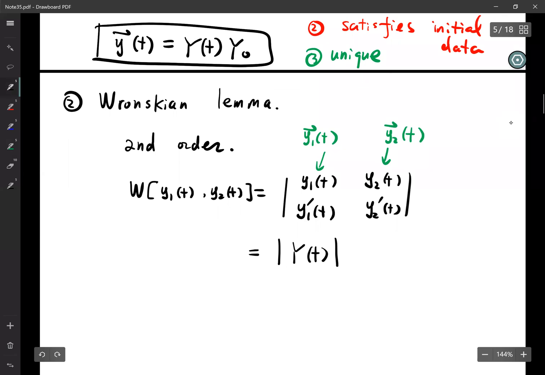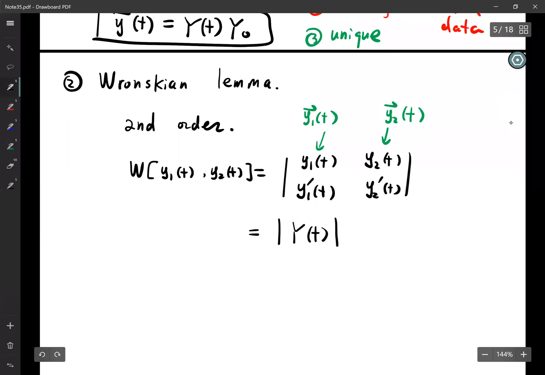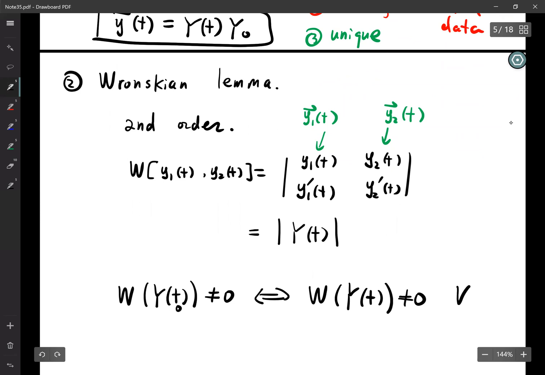The Wronski lemma says that W, now denoted by the determinant of the matrix Y(t), as long as at one point this is not zero, this is equivalent to saying that it is not zero for all t.